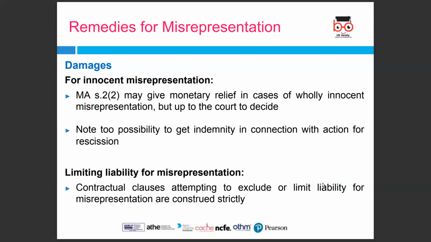As mentioned earlier, the only remedy for innocent misrepresentation is rescission, meaning damages will not be possible for innocent misrepresentation. Limiting liability for misrepresentation: contractual clauses attempting to exclude or limit liability for misrepresentation are construed strictly.